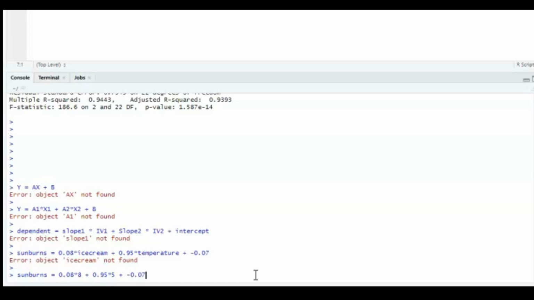And if you would use a calculator to calculate that, then you would get the answer for the amount of sunburns for someone who ate 8 ice creams and had a temperature of 5.